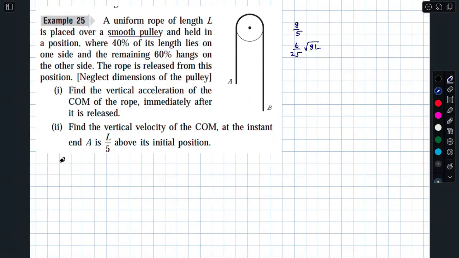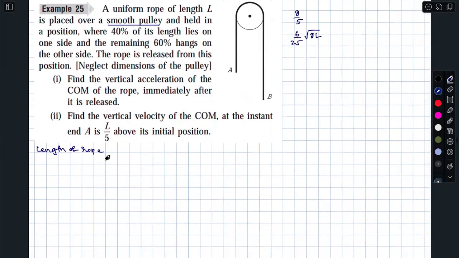See, what is the length of the rope on the left side? You said 40%, yes. 40 by 100, 2 by 5.